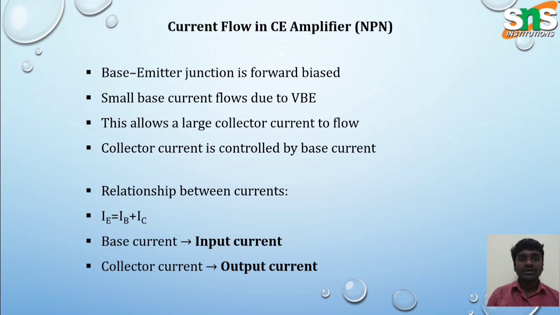This is the mechanism inside the transistor connected in common emitter configuration. The relation between the currents is IE equal to IB plus IC: the sum of base current and collector current is equal to the emitter current. The base current is the input current, and the collector current is the output current.